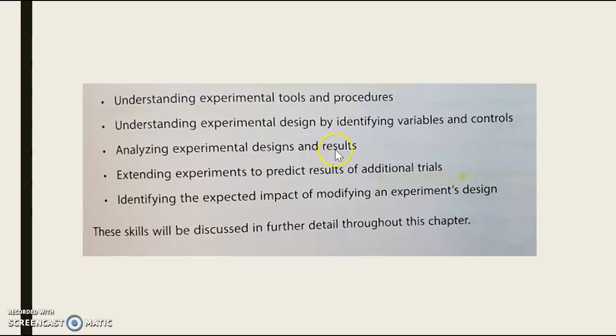Looking at experimental designs and results and looking for any kind of flaw. Being able to use experiments to predict outcomes of other things. So in essence, taking what we know and applying it elsewhere. And lastly, being able to identify the impact if something were to be changed in the design.